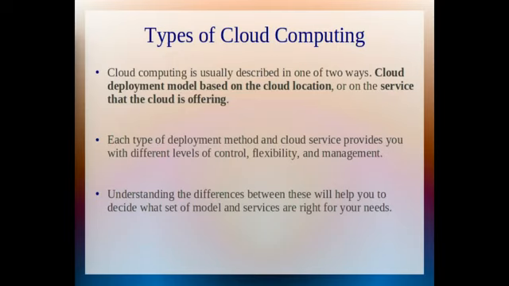Each type of deployment method and cloud service provides you with different levels of control, flexibility, and management. Understanding the differences between these will help you to decide what set of models and services are right for your needs.